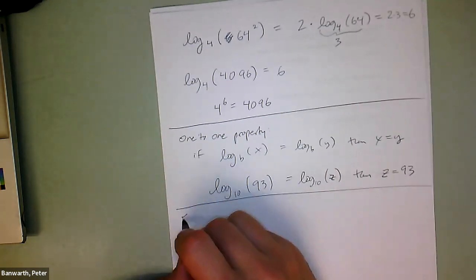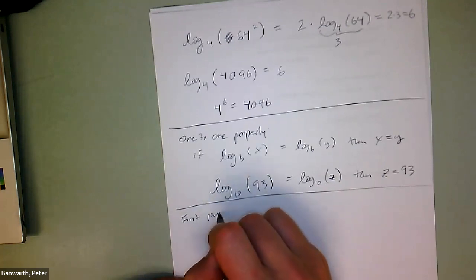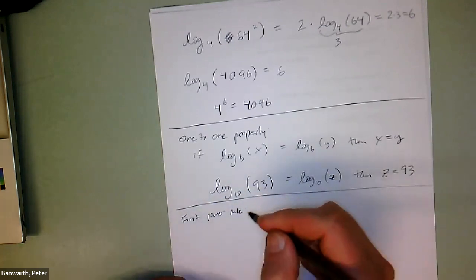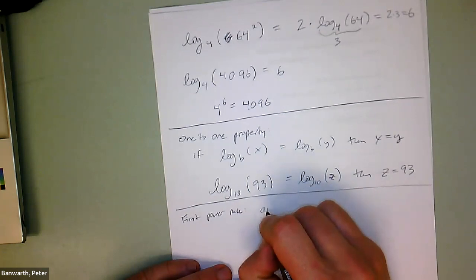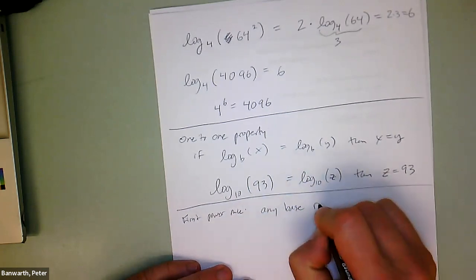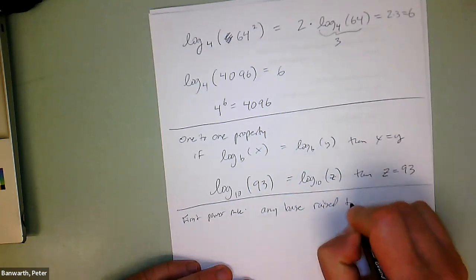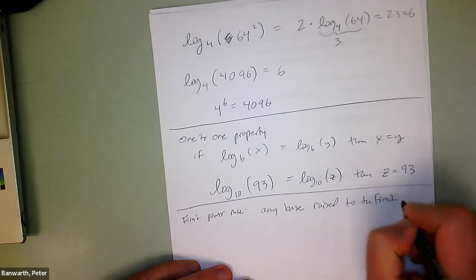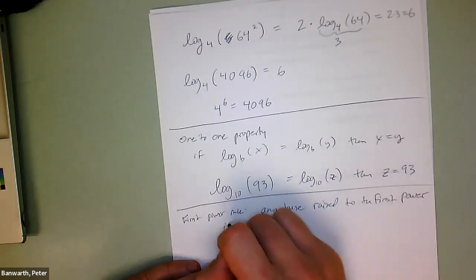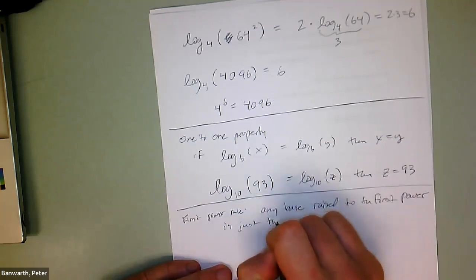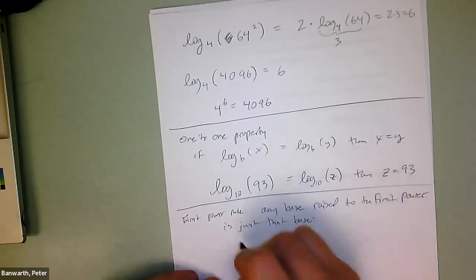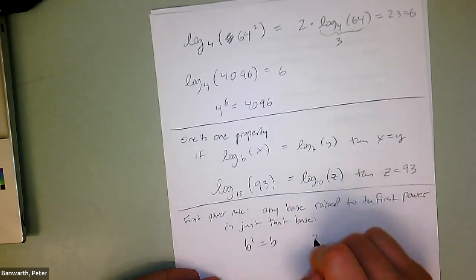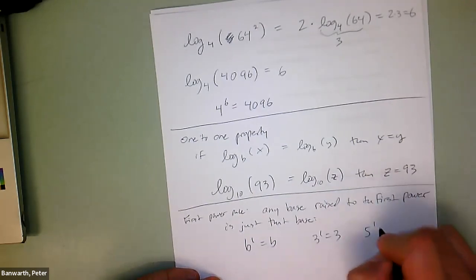Okay, there's the first power rule, which says any base raised to the first power is just that base. B to the 1 equals b. 3 to the 1 equals 3. 5 to the 1 equals 5.